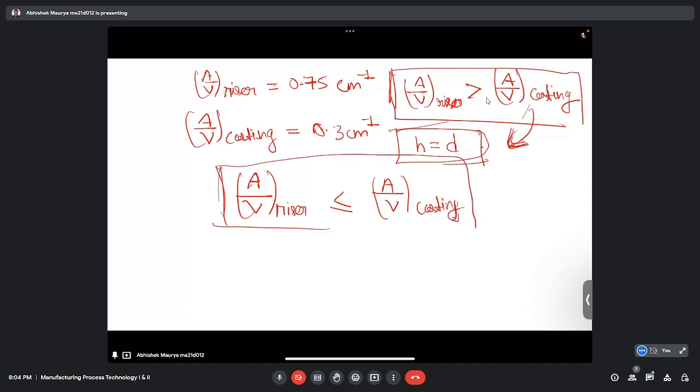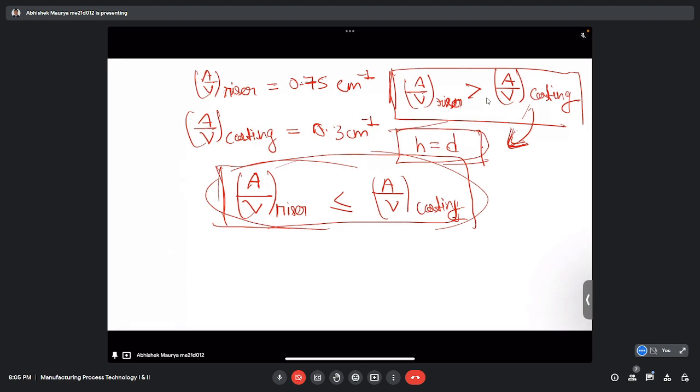So right now we are trying to find out the new dimensions which should satisfy h equal to d, as well as this condition: the A by V ratio of riser should be less than or equal to the A by V ratio of casting, so that our riser should not solidify earlier than our casting.